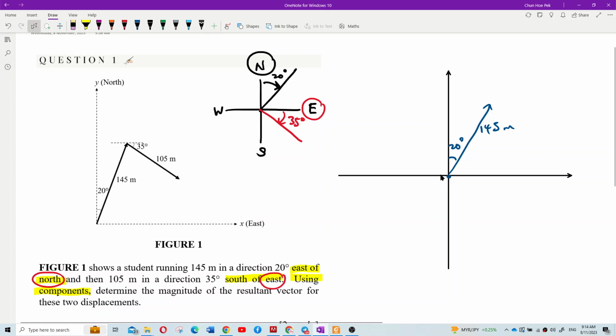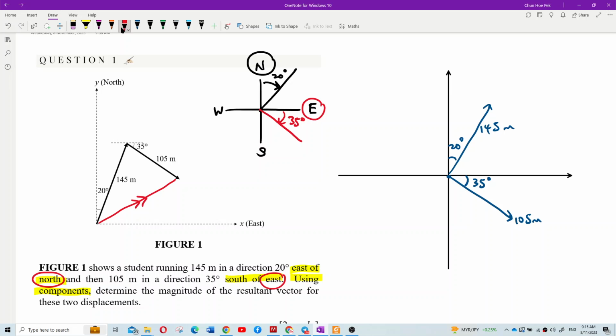Remember I said, make it start from origin if you want to find the resultant vector. So 105 also put at the origin, 105 meters, 35 degrees. So the resultant vector is this one, from here go to here.